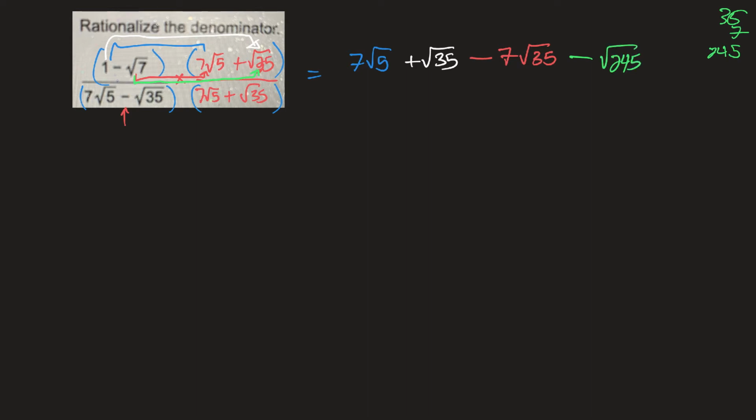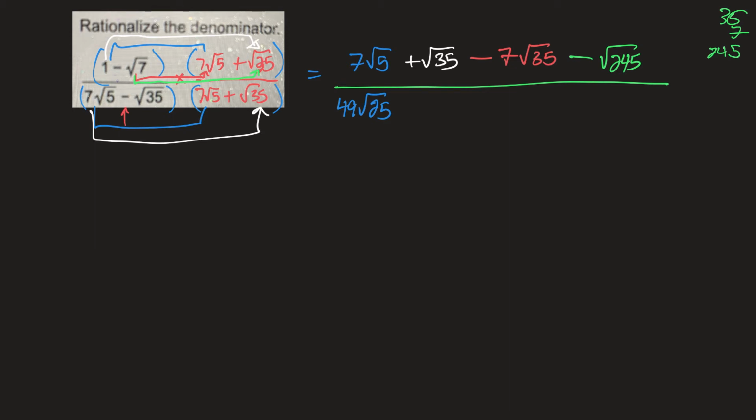On the bottom, this times this would be 49 root 25. This times this would be a positive 7 root 245.